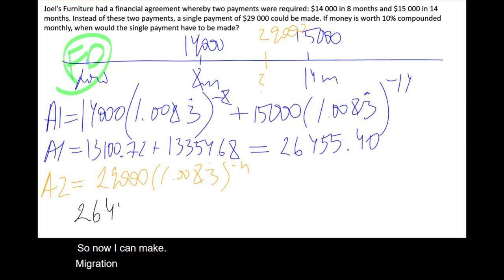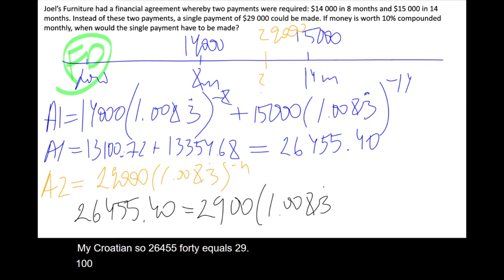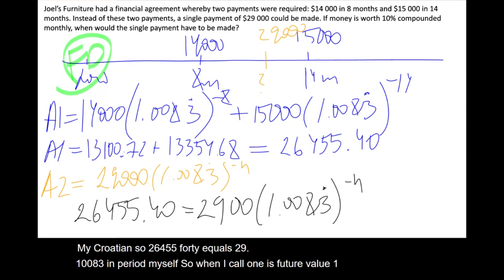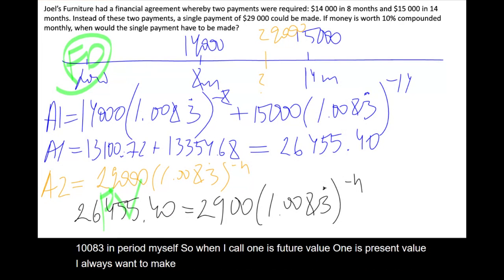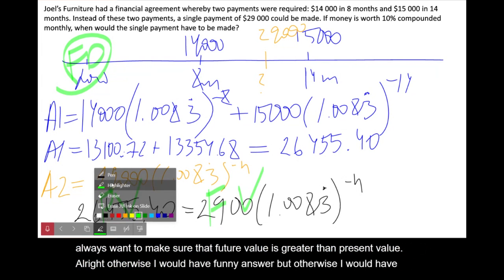So 26,455.40 equals 29,000 times 1.0083 in period minus n. So when I call one the future value and one the present value, I always want to make sure that the future value is greater than the present value. Otherwise I would have a funny answer. Otherwise I would have a payment in the past.